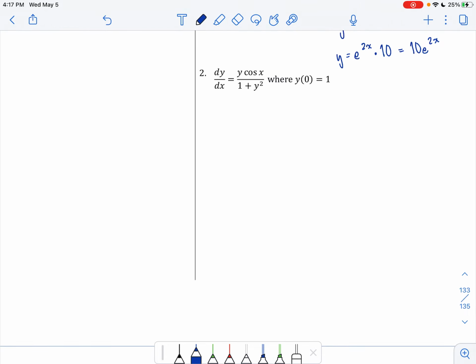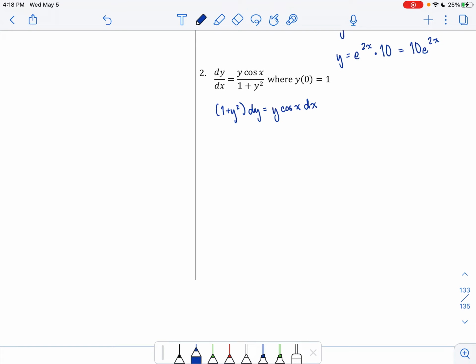All right, last example, number 2, dy dx is equal to y cosine x over 1 plus y squared. So the first thing that I'm going to do in this case is cross multiply, and I get 1 plus y squared dy is equal to y cosine x dx.